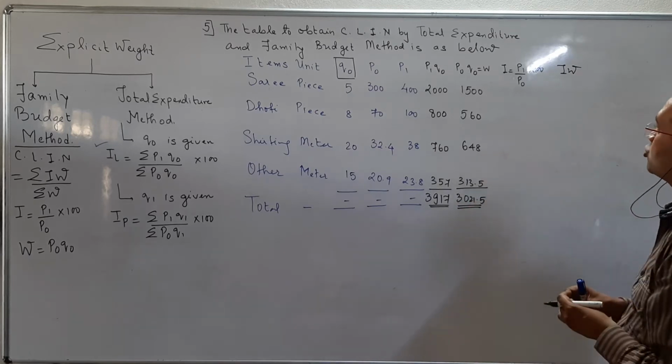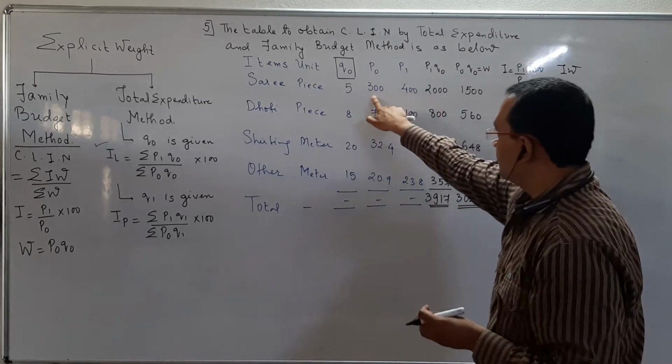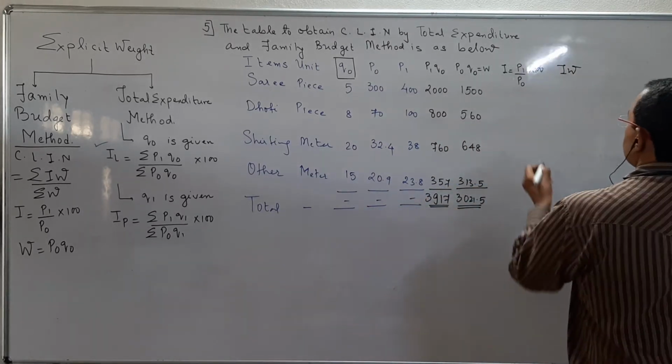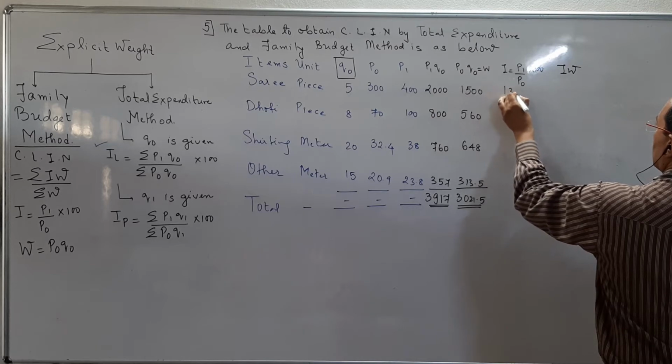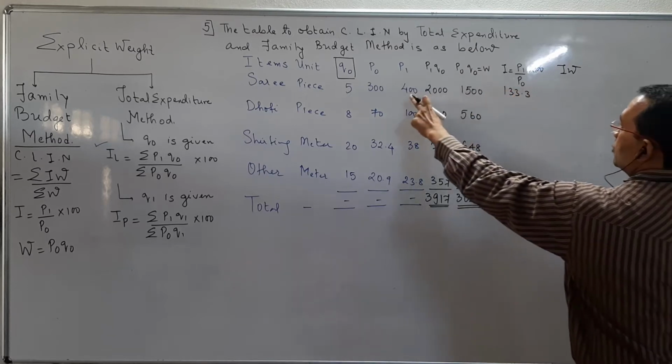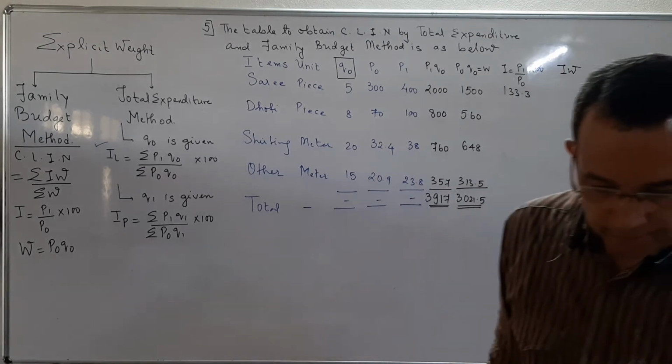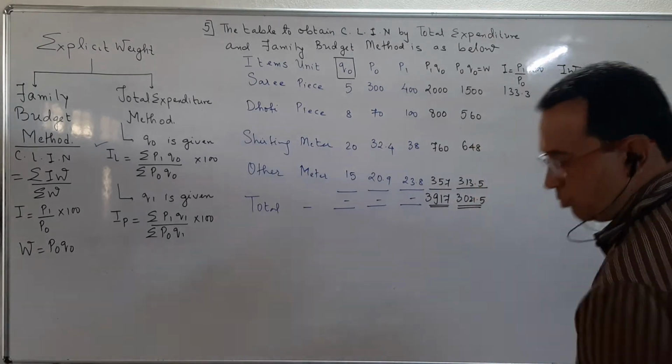Okay, now the index numbers: 400 upon 300 into 100, so 133.3. Then 100 upon 70 into 100, so 142.9.